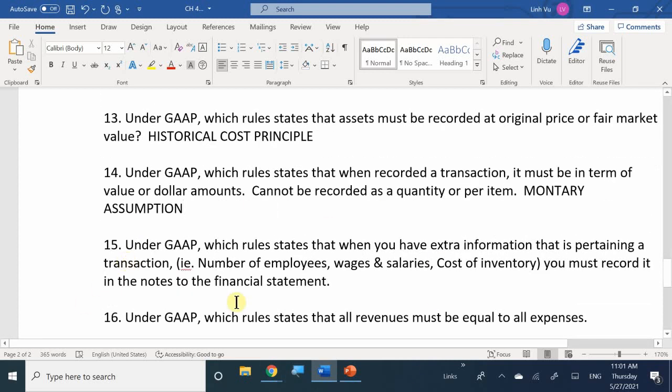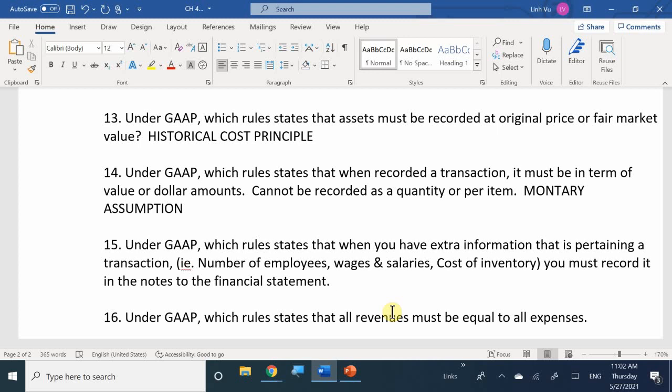15, okay, under GAAP, which rule states that when you have extra information pertaining to a transaction, example, number of employees, wages, salaries, and cost of inventory, etc., you must record it in the notes to the financial statements? I got that as a monetary measurement.